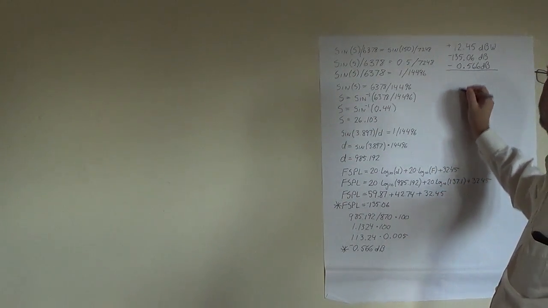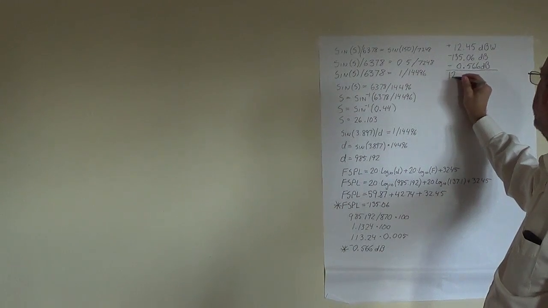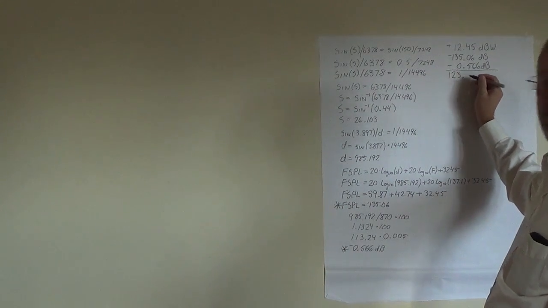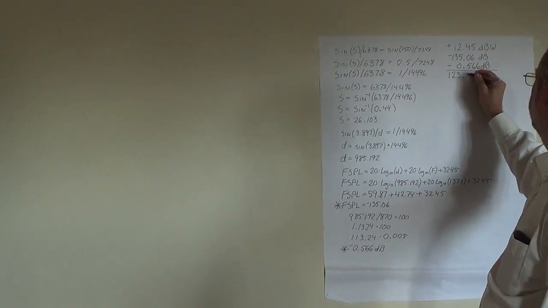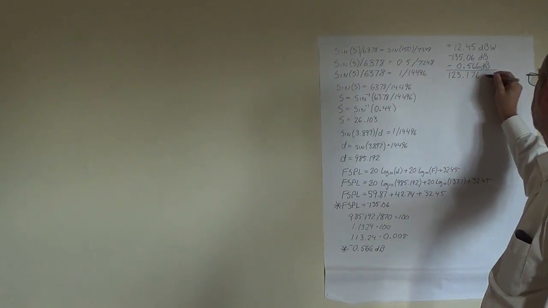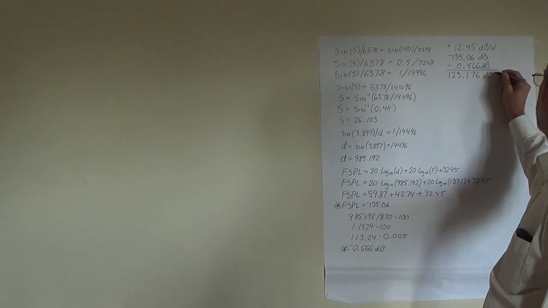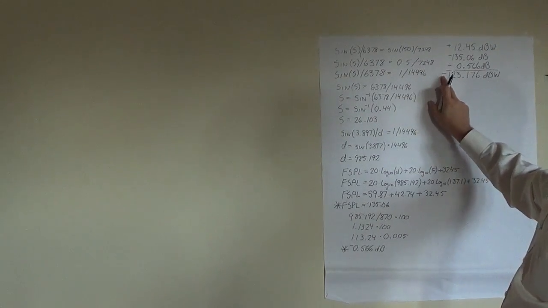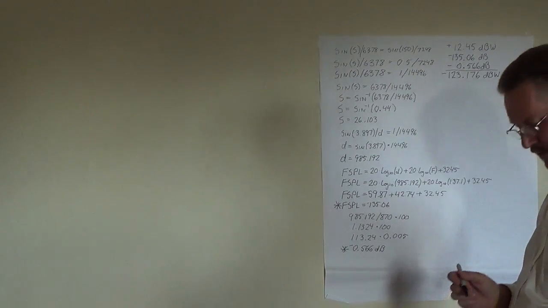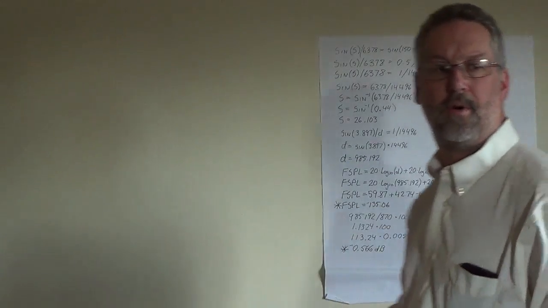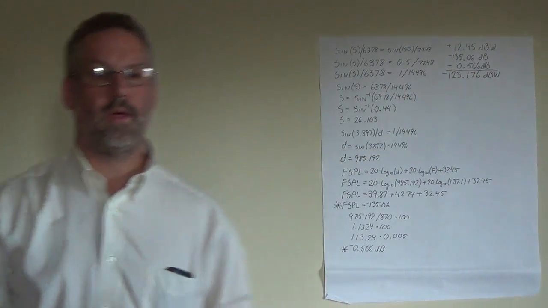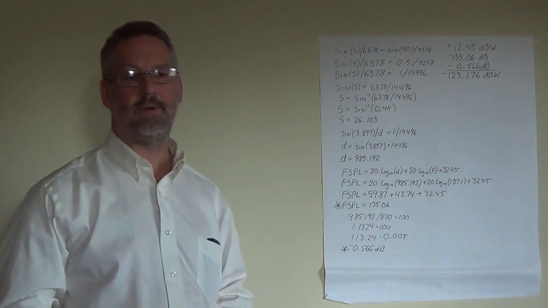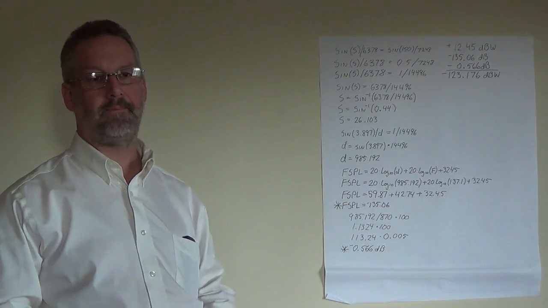This comes to 123.176. So our signal strength is 123.176 dBW at the ground station antenna.